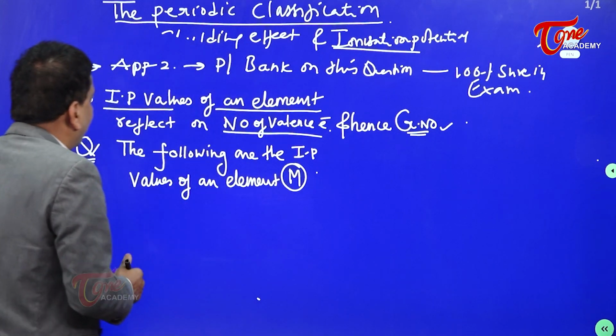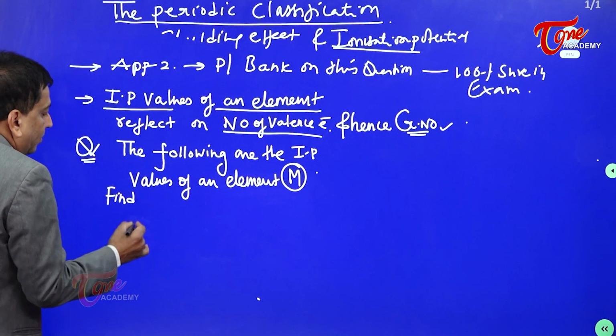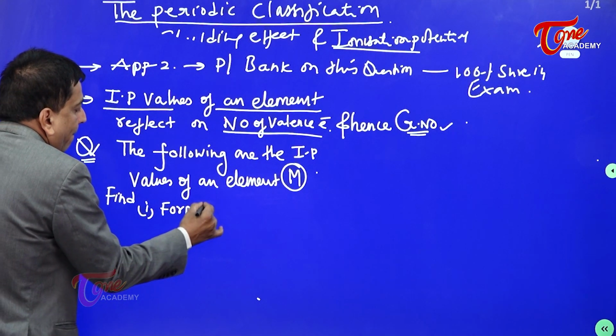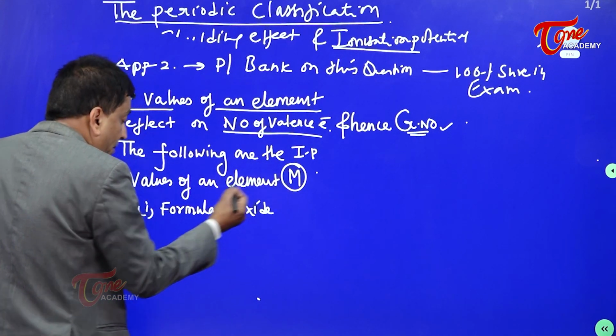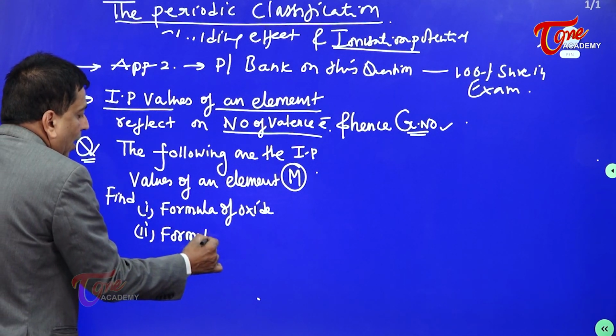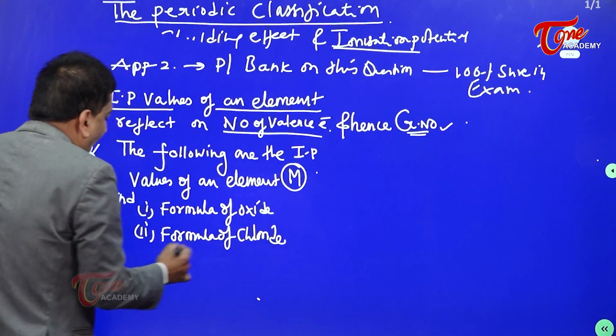And he is asking, find one, the formula of the oxide of the element. Two, the formula of the chloride of that element.